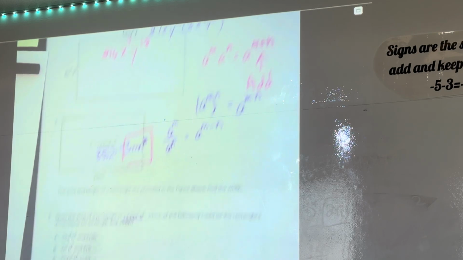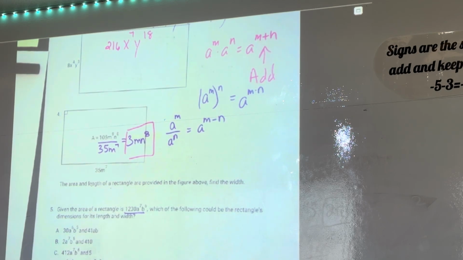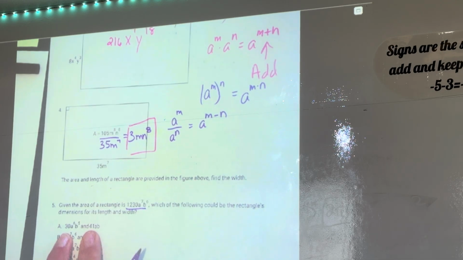So what is 30 times 41? Looking at A, 30 times 41. What do y'all get? 1,230. Okay, so A checks out.